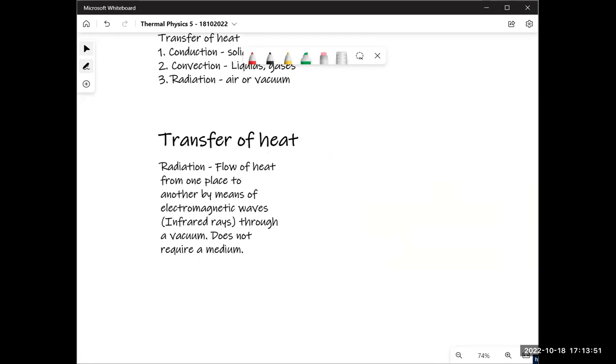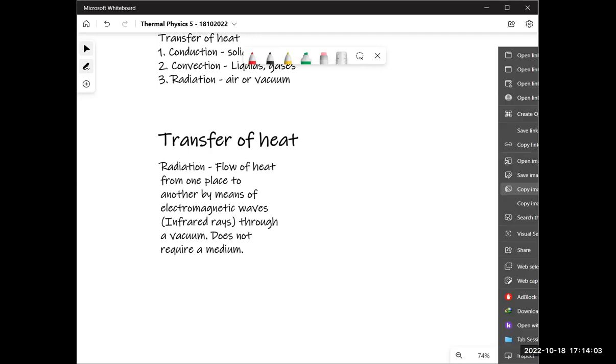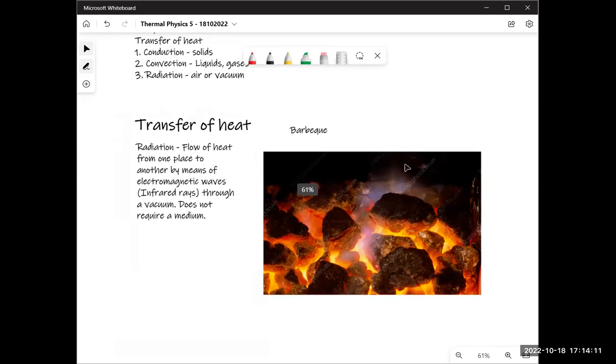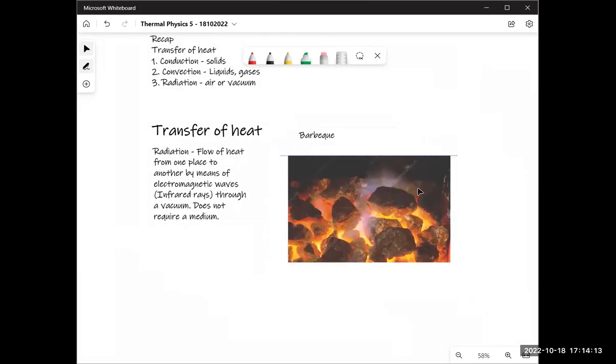While you're writing, who of you has done a barbecue at home or somewhere? Have any of you done a barbecue? I'll show you what it means. When you have, let's say, a chicken or something, and you cook it on coal like this.